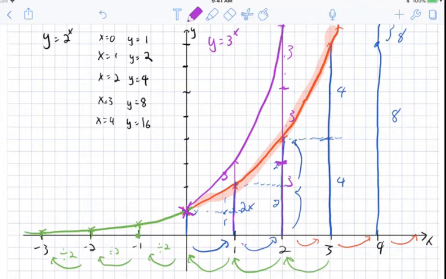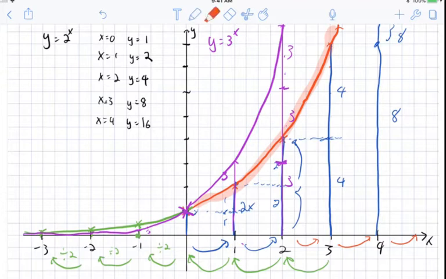On the other hand, as I draw it on the other side, it goes down by a third. So the first height is a third of the original. So it's a third, and then a ninth, and then a 27th. So you see that it has descriptively the same behavior as 2^x.